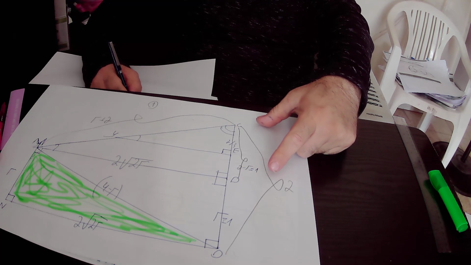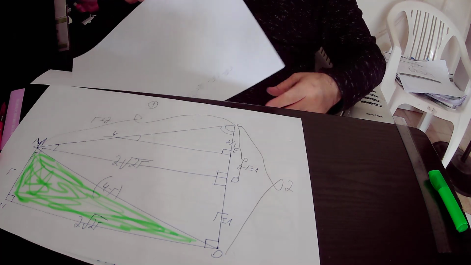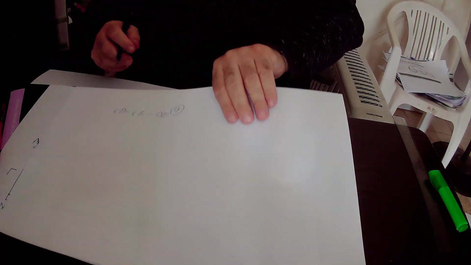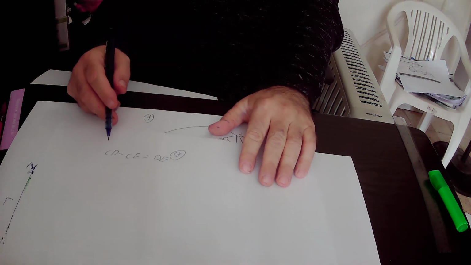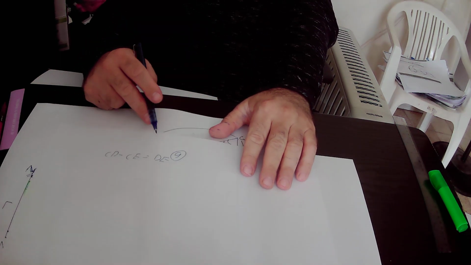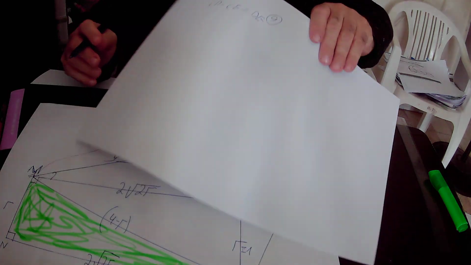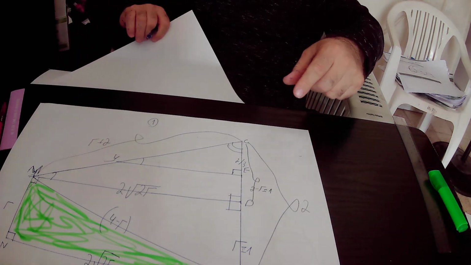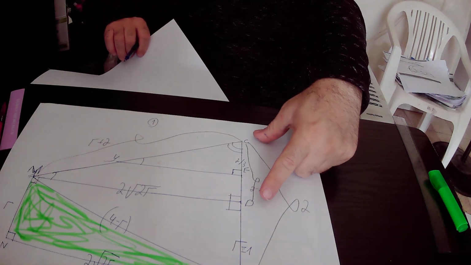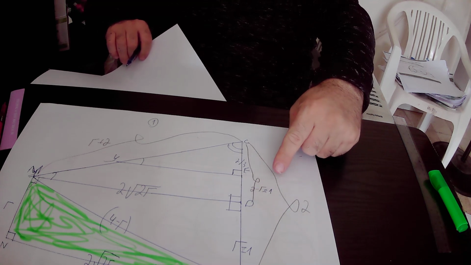We know that, from the drawing, CD minus CE equals DE. But CD, we've already found out that CD equals 1 unit.